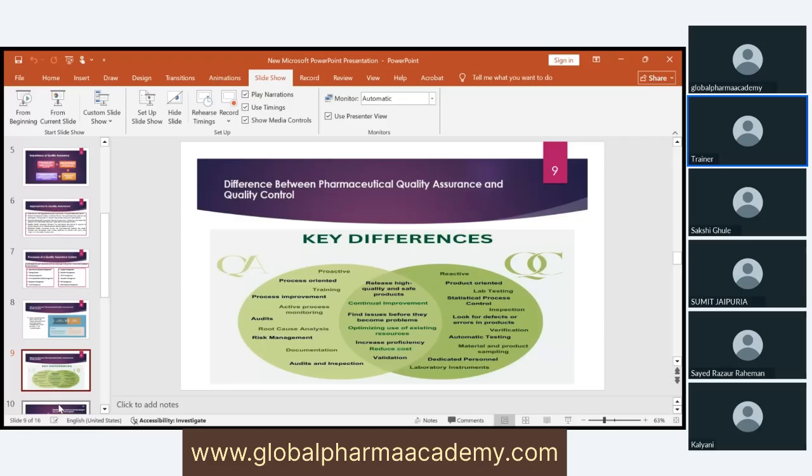QA will release the product based on the results obtained, and not only that: QA also checks QC's results and the manufacturing batch records. One of the important QA functions is batch documentation and batch record management. They check both, the batch record and the QC results, and then the product is released. So these are the main key differences in the functions of QA and QC in any pharmaceutical industry.